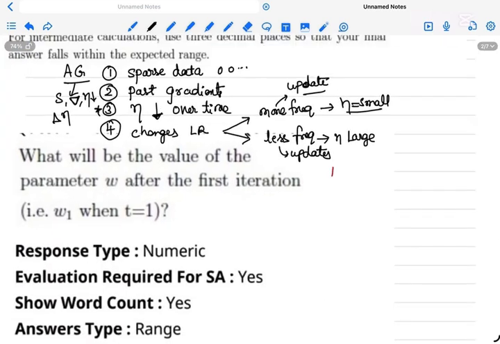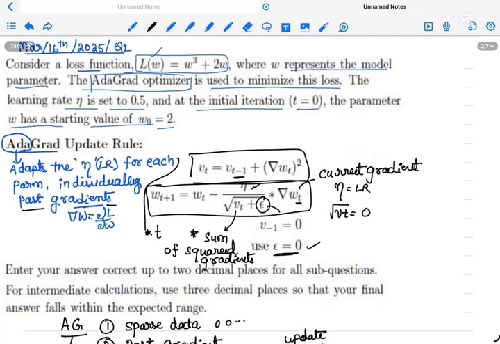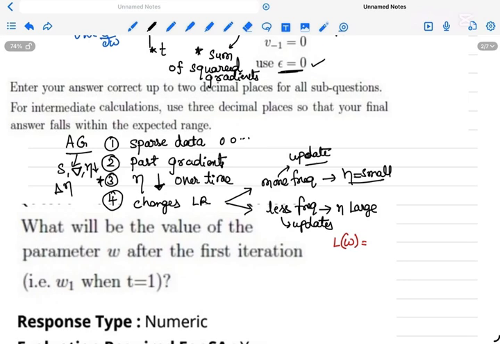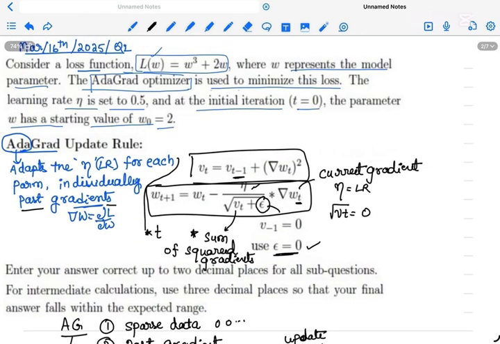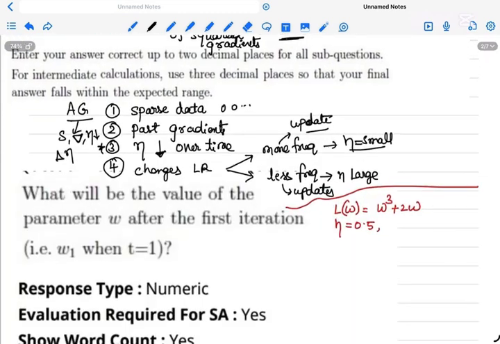Okay. L of W equals W cube plus 2W. Given in the question, eta is 0.5, and at the initial iteration t equals 0, W naught equals 2.